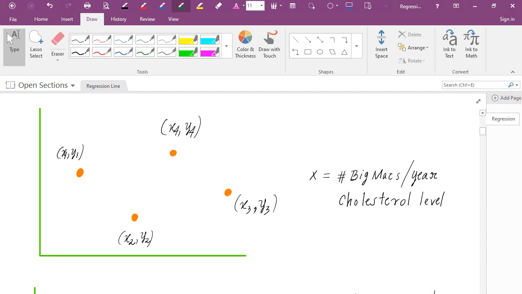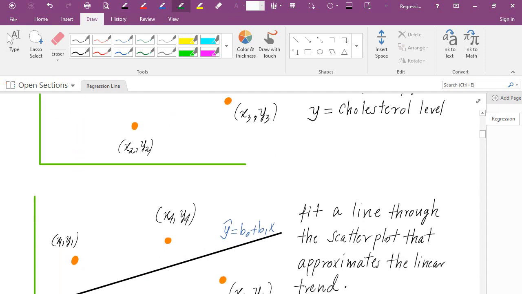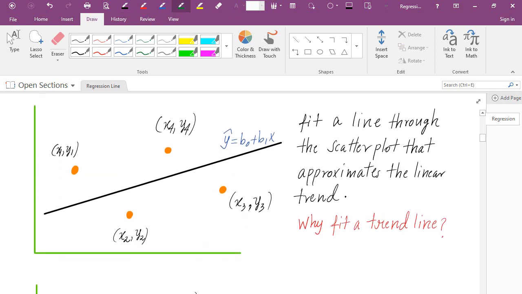And to have some interpretation in our mind, let's say that x is the number of Big Macs that a person consumes over a year, and y is the cholesterol level of that person. What we want to do here is fit a line through the scatter plot that approximates the linear trend of the scatter plot.